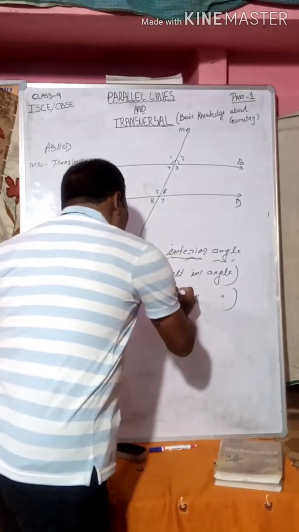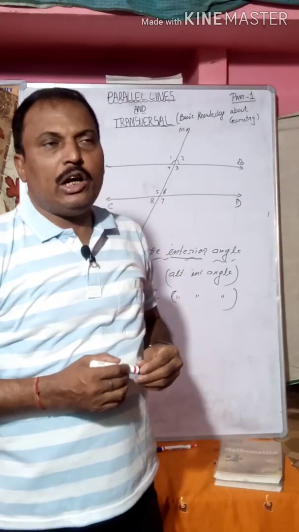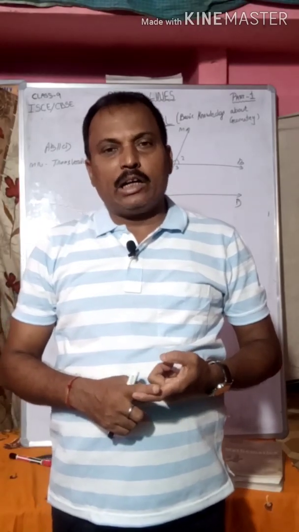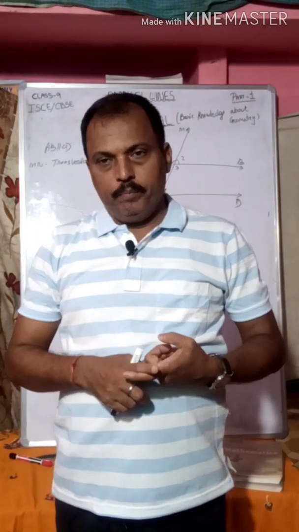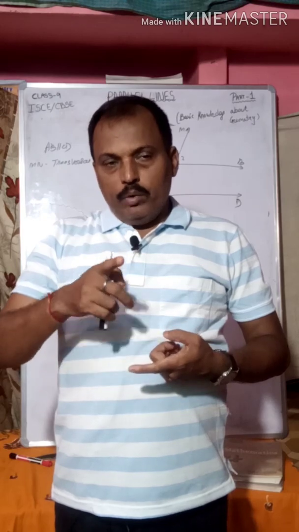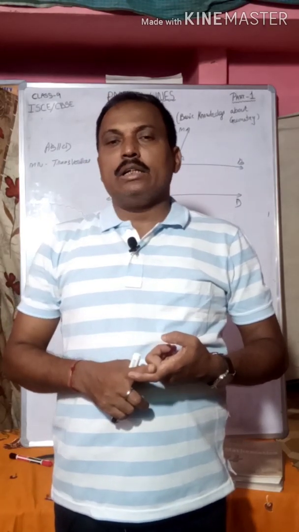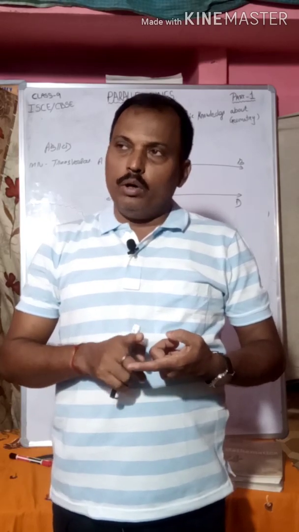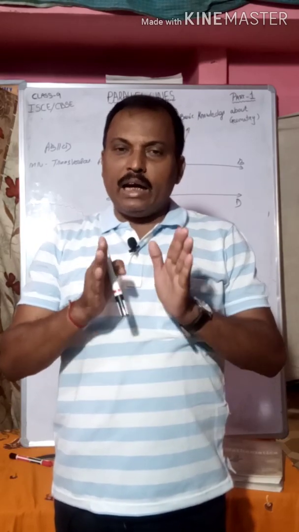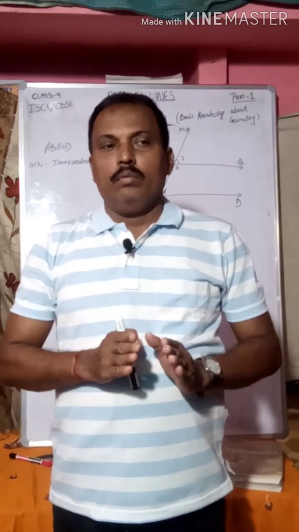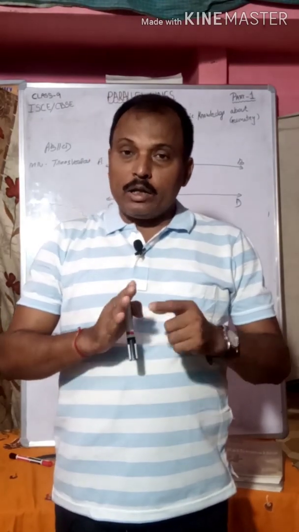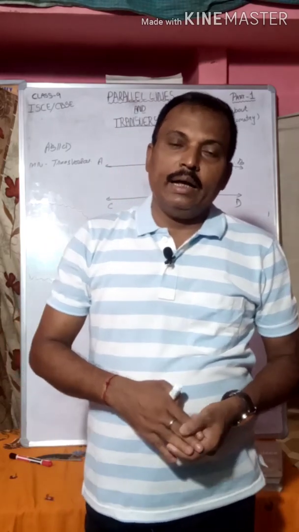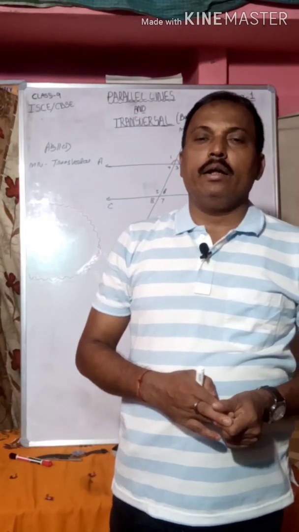You can write the definition of alt-int angle. 2 parallel lines and 1 transversal, if given, among 4 interior angles, 2 angles are alternate interior angles. Whenever 2 angles are on 2 sides of the transversal, but they are not adjacent, they are called alternate interior angles.